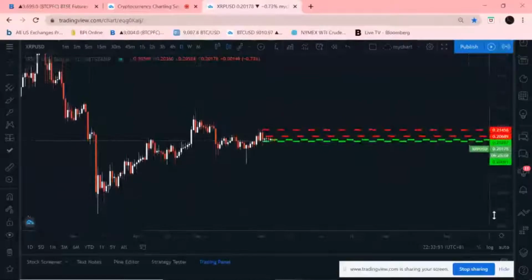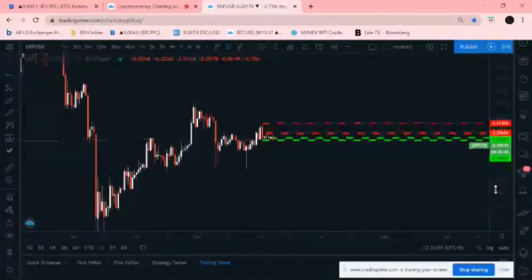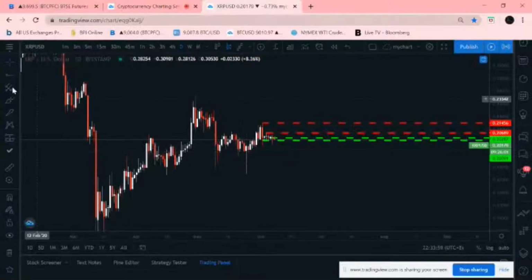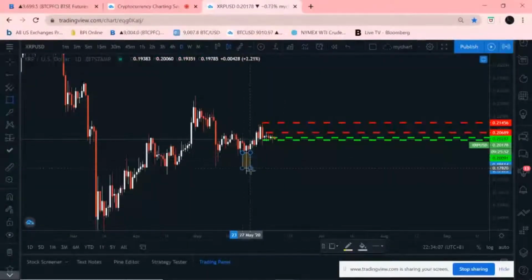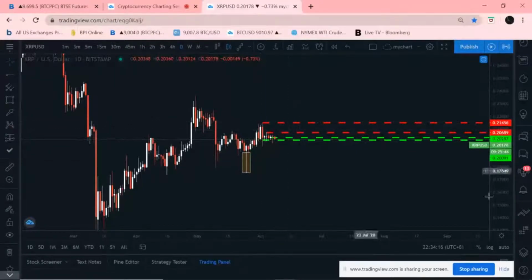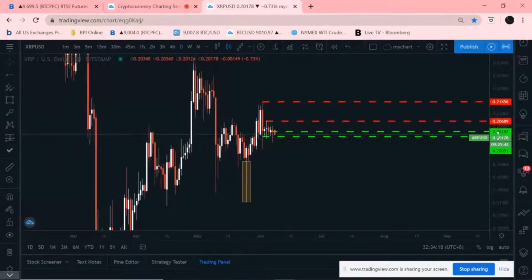to the daily chart. If you look at it, this is actually the previous bullish move. It's actually a pretty bullish sign. It went up until it resisted at this area around 0.22.